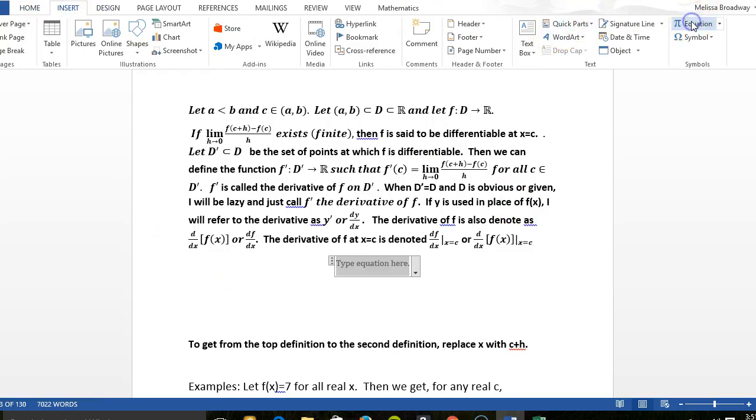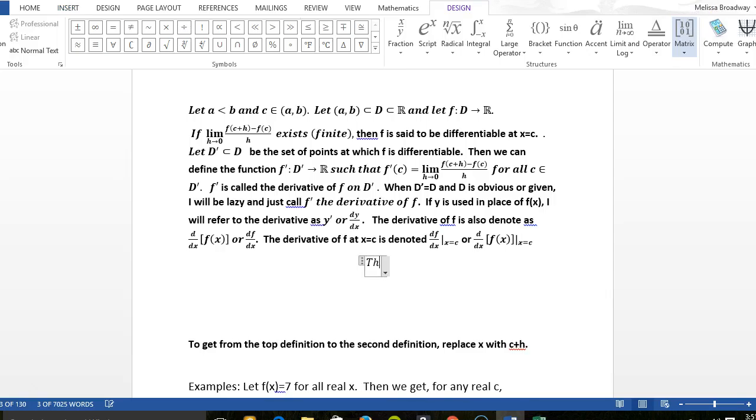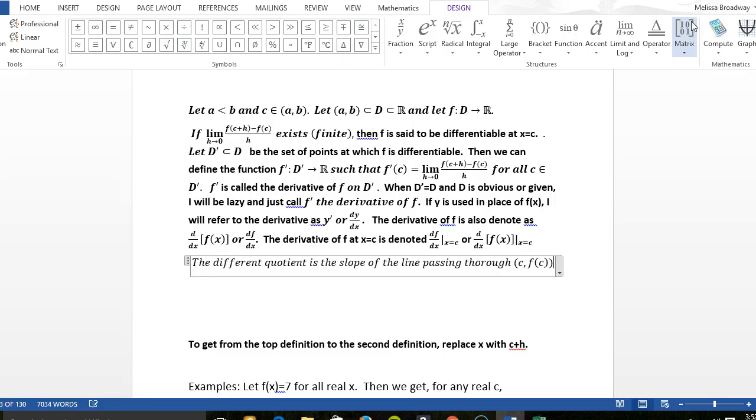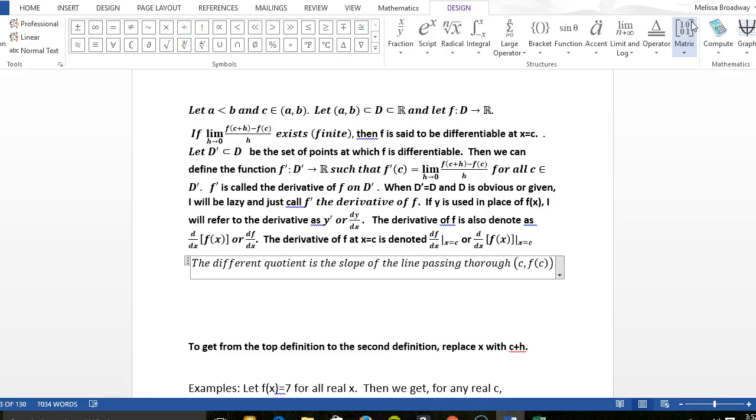Let me type this. Sorry for the delay. The difference quotient is the slope of the line passing through the Cartesian coordinate c comma f of c, and this line is unique.